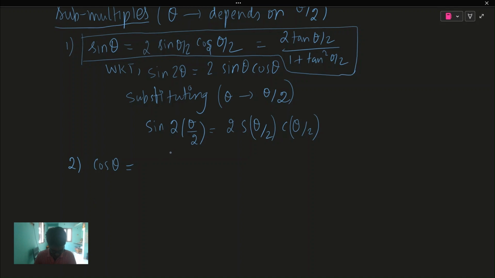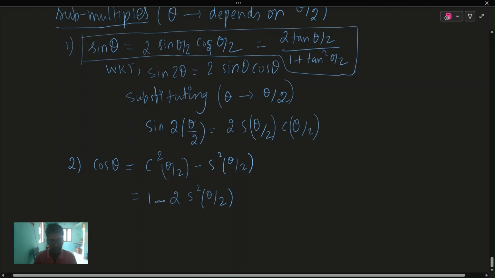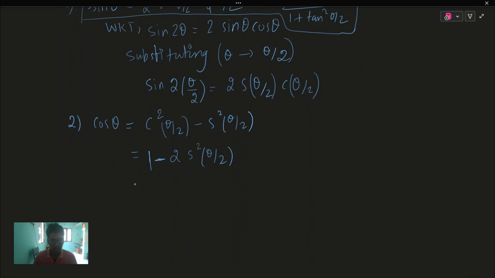So cos theta would be cos square theta by 2 minus sine square theta by 2, which can also be written as 1 minus 2 sine square theta by 2. This is also 2 cos square theta by 2 minus 1. Okay.